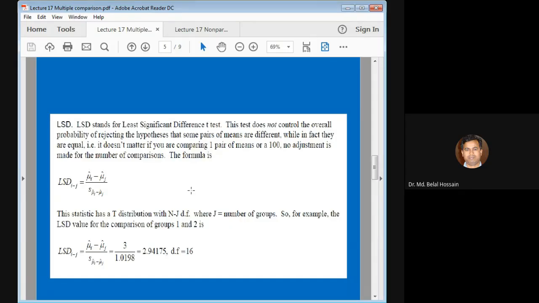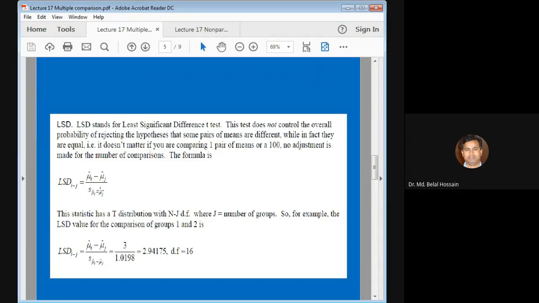That is, your estimate for mu I hat is equal to y1 bar, y2 bar if you want to compare first and second group. If you want to compare the first and third group, that is I equals 1, J equals 3, or 2 and 3. So when you have 3 groups, you have 3C2, 3 possible pair. So you have to test all this.